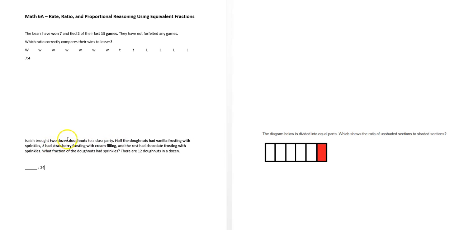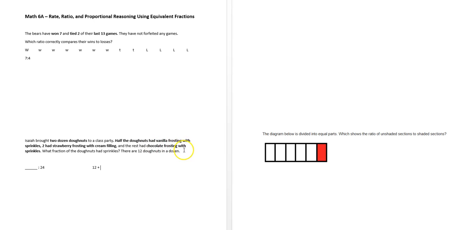So for 24, the first half would be 12. There were 2 that didn't have sprinkles out of the second half, second half would also be 12. So 2 from that second 12 leaves 10.